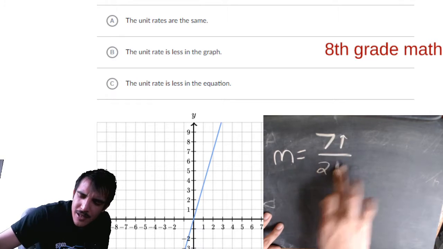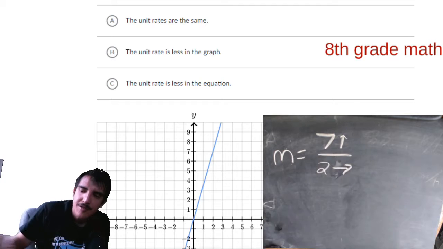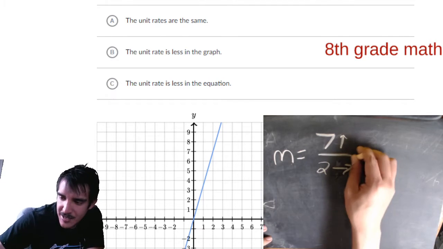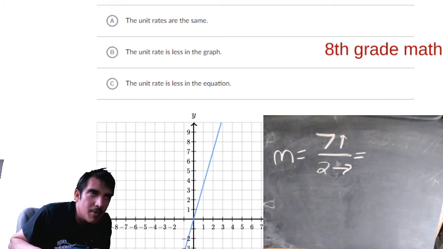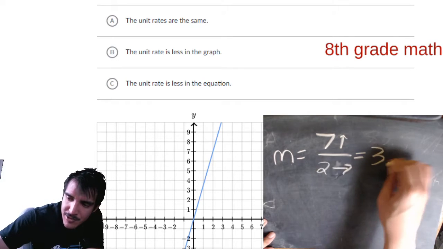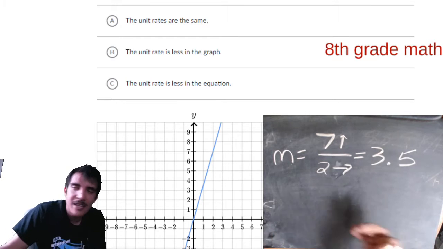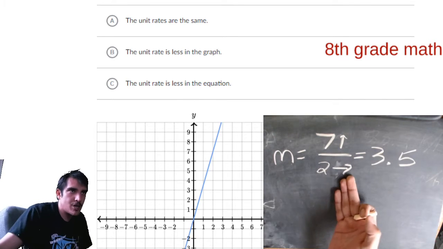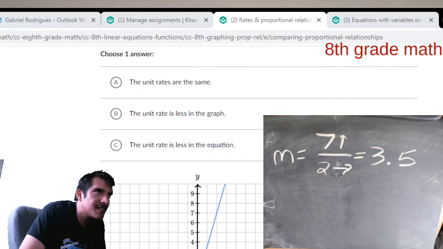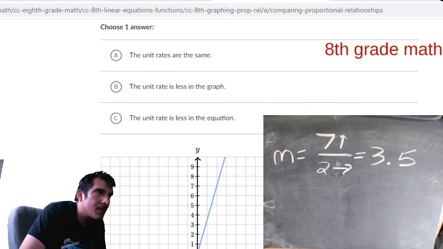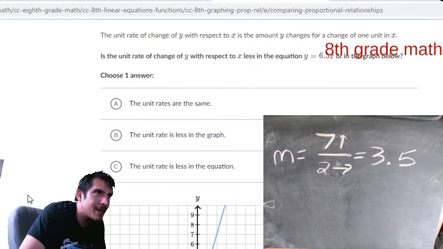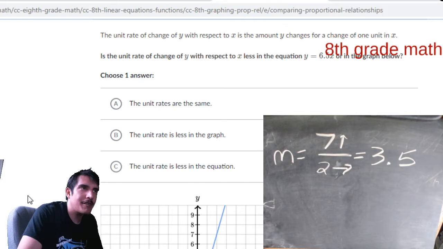Not up, you go to the side 2 units forward. So 7 over 2 is the slope. 7 halves. What is 7 divided by 2? Well, 7 divided by 2 is 3.5. So you could either show your rate as a fraction or as a decimal, okay? But which one of these is the smaller rate of change? Is it the 6.5 or the 3.5? Well, the 3.5 is the smaller rate of change.